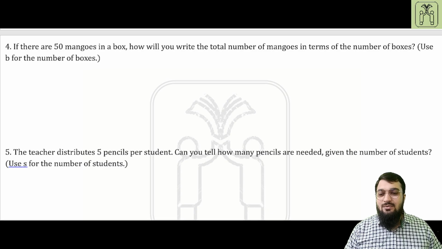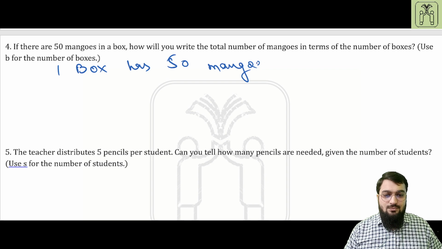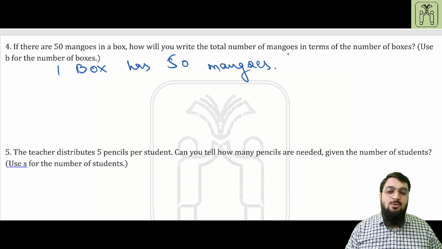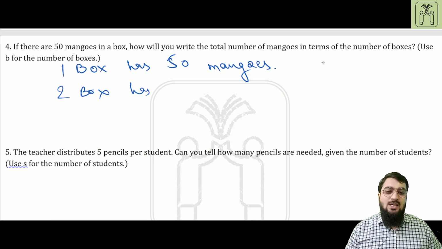If there are 50 mangoes in a box, okay, so one box has 50 mangoes. How will you write total number of mangoes in terms of number of boxes? So before that, just for your simplicity, I will write 2 boxes have how many mangoes?